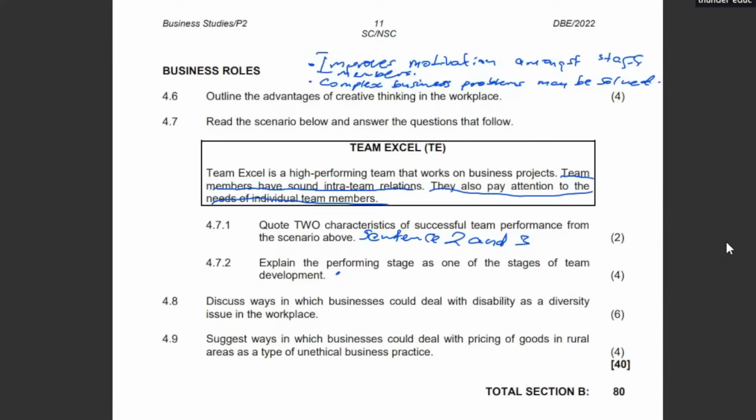The subordinates know exactly what to do without even asking a leader. So we're actually saying that processes and structures are set.